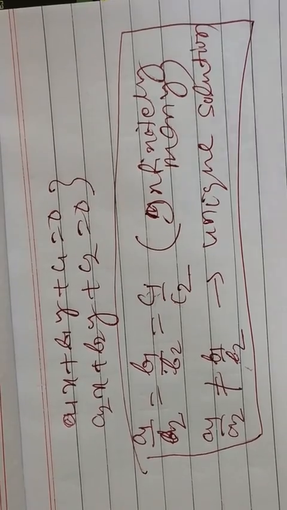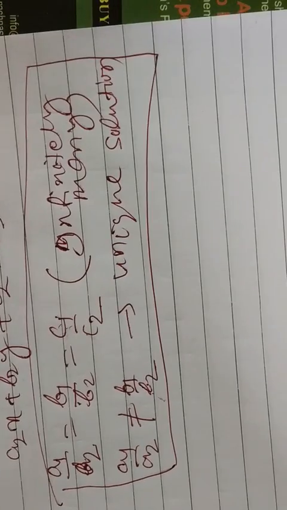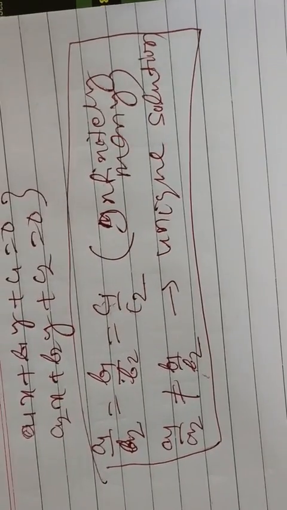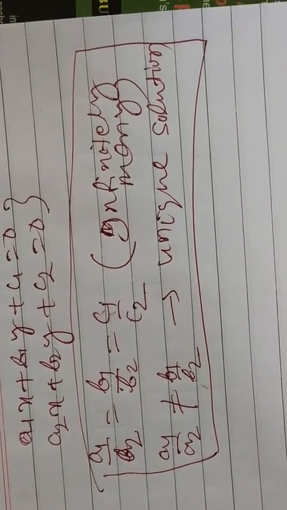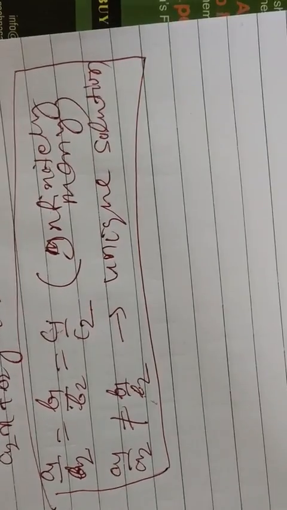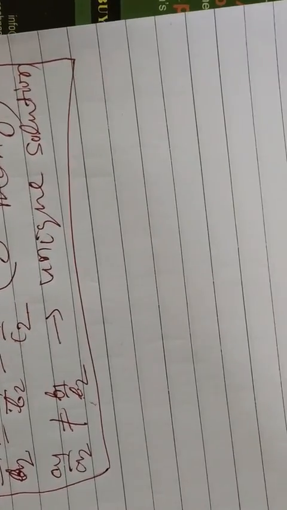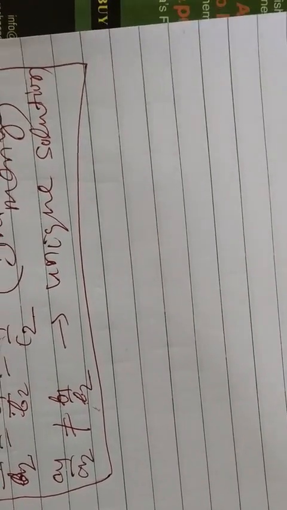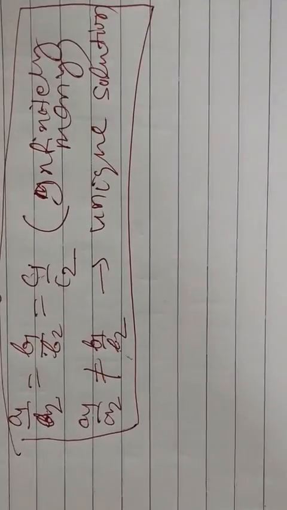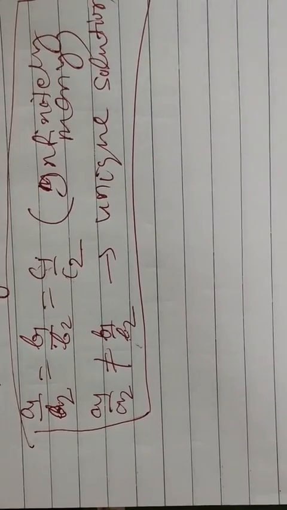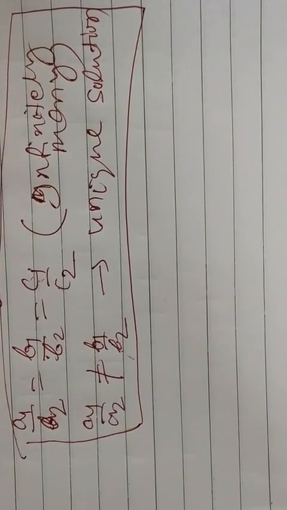Now here we shall discuss how to solve a system of linear equations using matrices, the inverse of matrices. If we discuss the equations in three variables, it will be easier, or we can do the same method for a system of linear equations in two variables.